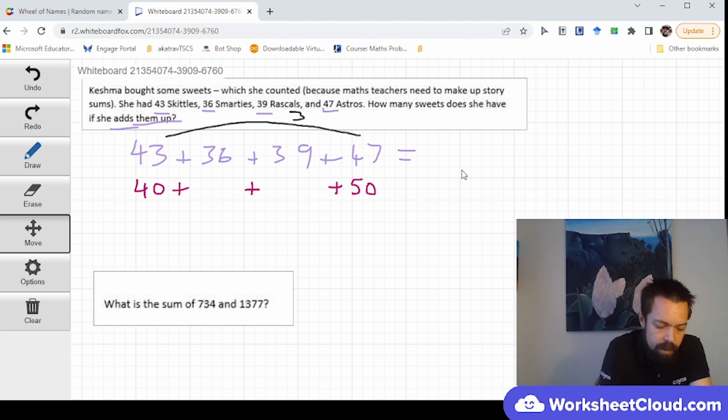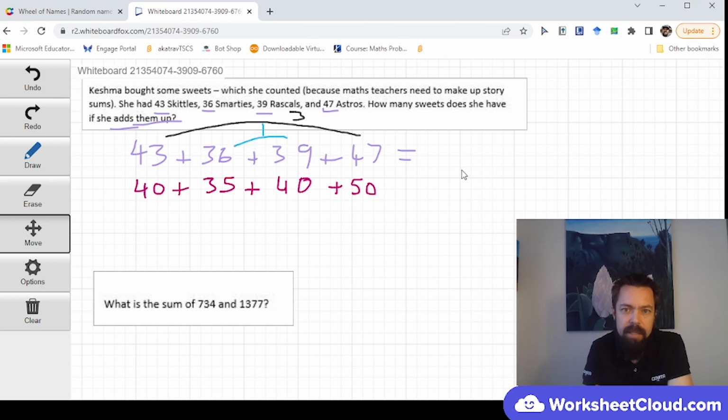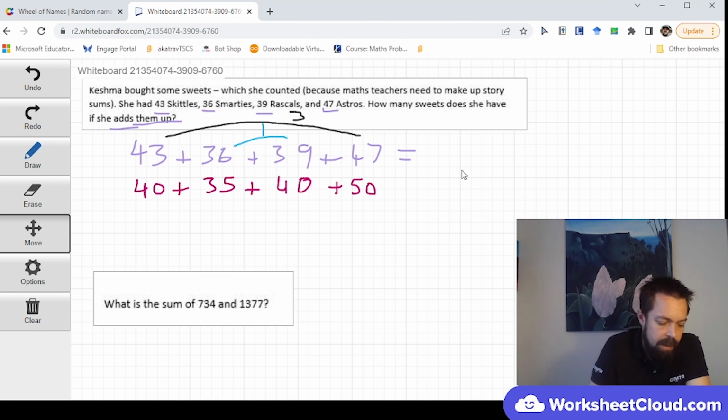And then I'm going to steal 1 from my 36 and give it to my 39. So I've got 35 and 40. And boy, does that look a lot easier when it comes to adding than the one at the top. So 40 plus 35 is 75, plus 40 is 115, plus 50 is 165.